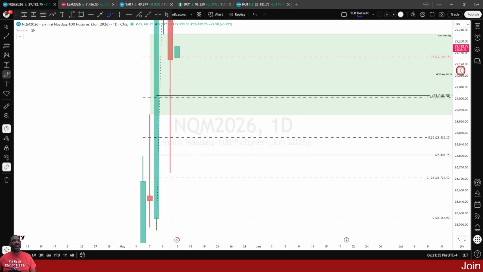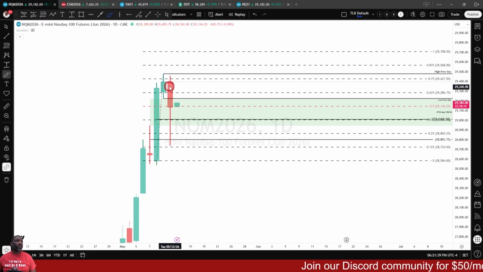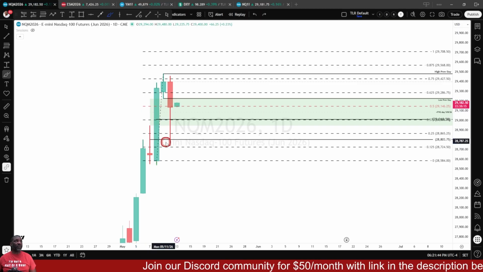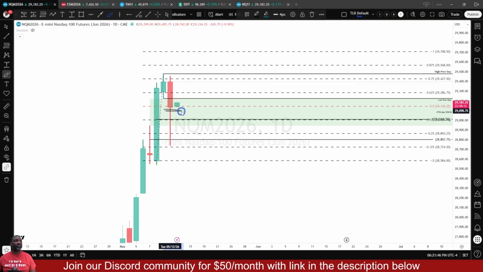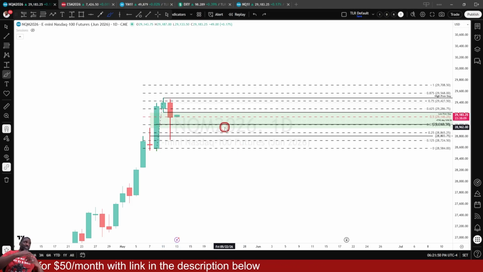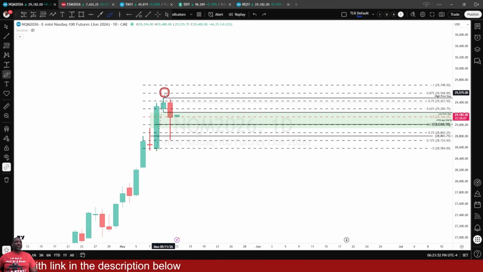Our equilibrium is 29,010 and a half. We traded all the way down into consequent encroachment of that wick, rallied all the way back up and closed up there in the premium of the range. So again, showing that the buy program is still strong.